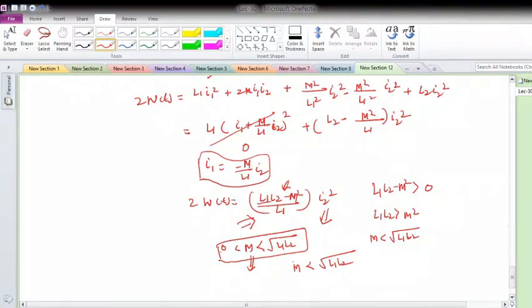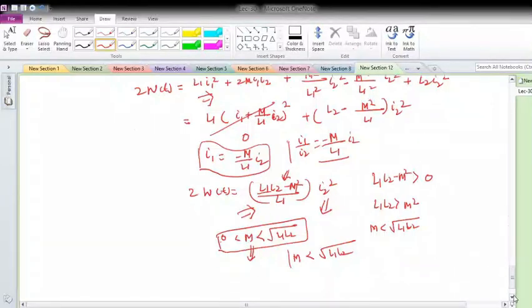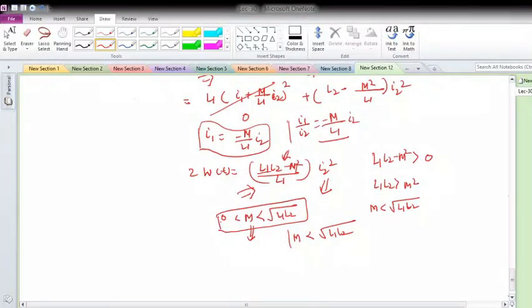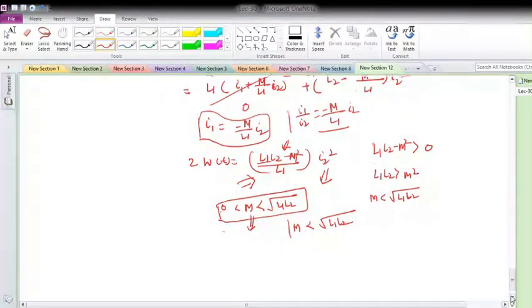This is the reason I have taken this form, and it will be applicable only when the ratio of I1 to I2 is the negative of M upon L1, or I1 is equal to minus M upon L1 into I2. That way also I can say it. So this way the energy can be stored, and hence the energy has to be positive, and for that reason L1 L2 minus M square has to be greater than 0 always.